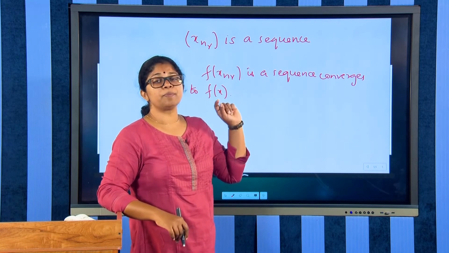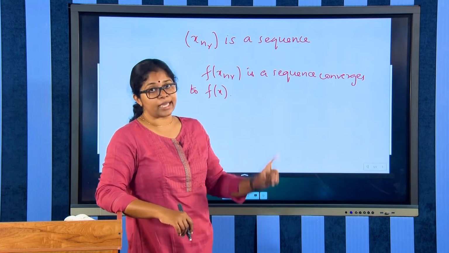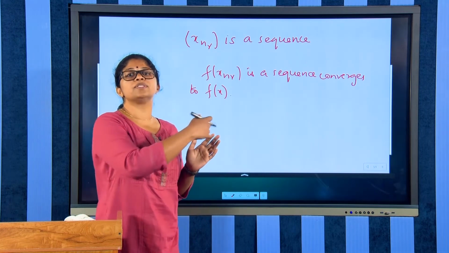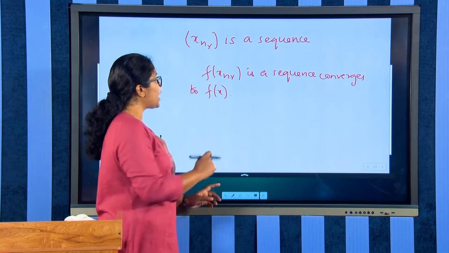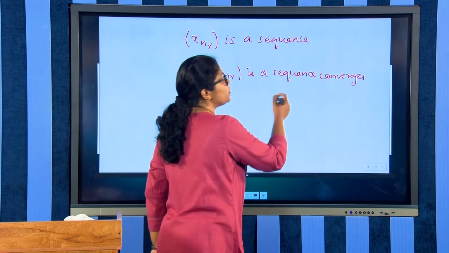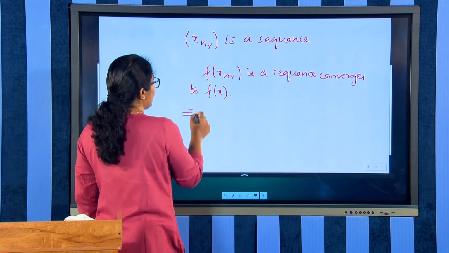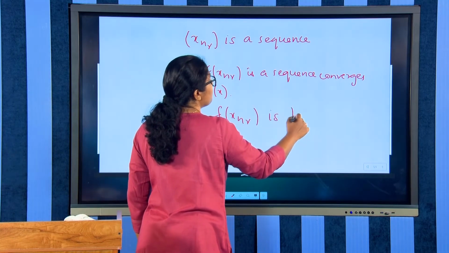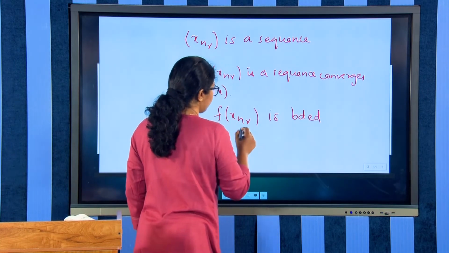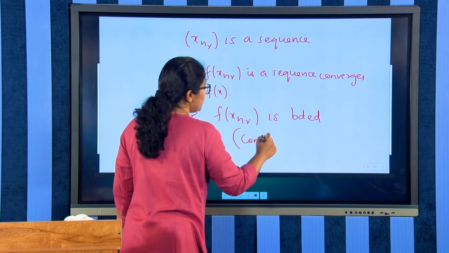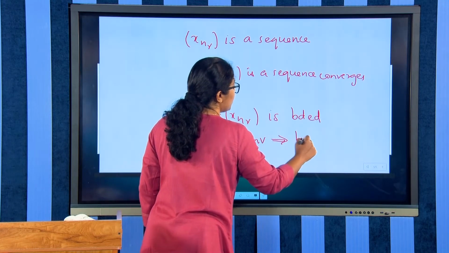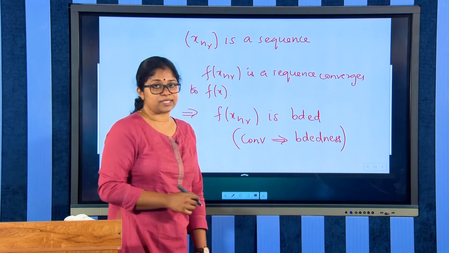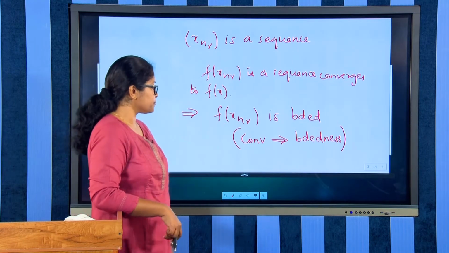By the concept of convergence of real sequences, we have learned that every convergent sequence is bounded. So, f of xnr is a converging sequence, which means f of xnr as a sequence is bounded, because it follows from the theorem convergence implies boundedness, which we have learned in the case of real sequences in the previous sessions.